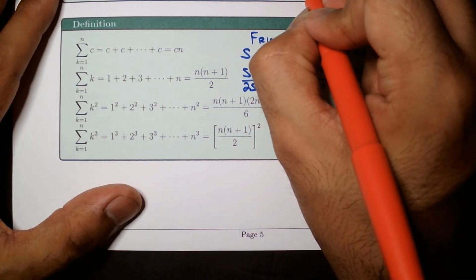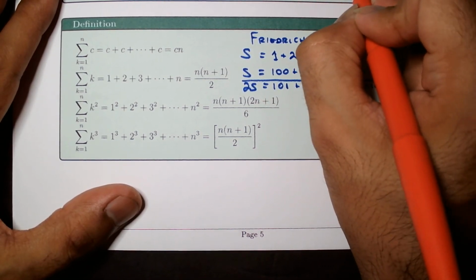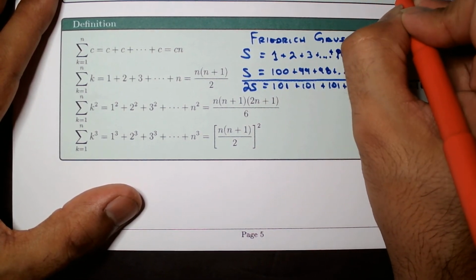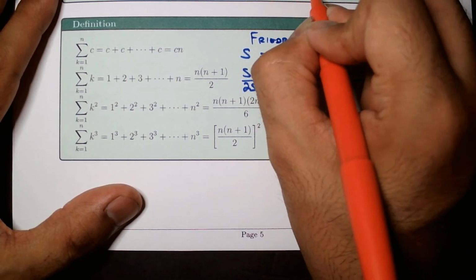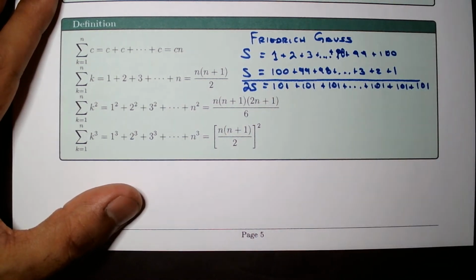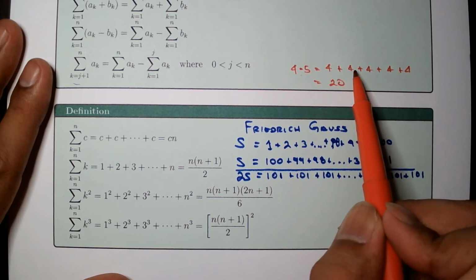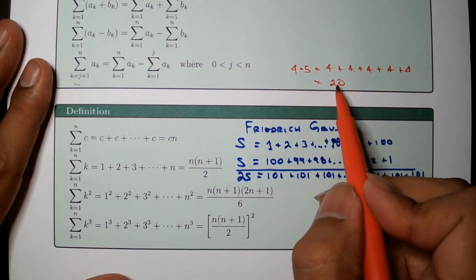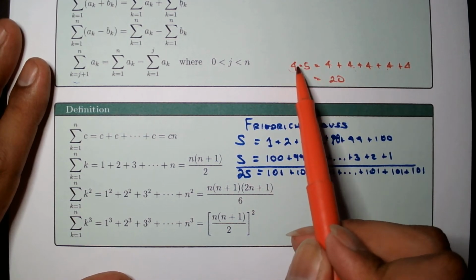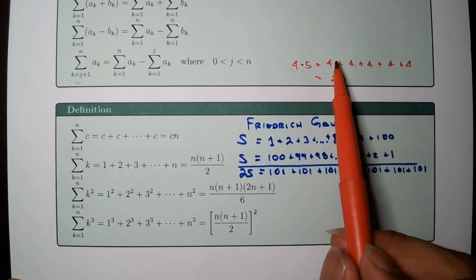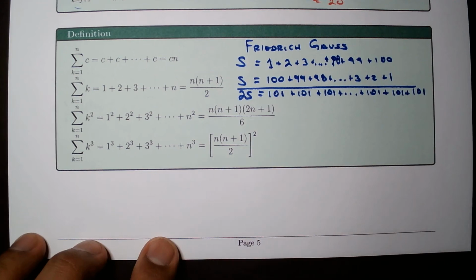For example, 4 times 5 equals 4 plus 4 plus 4 plus 4 plus 4, and that equals 20. So multiplication is, in a way, a shortcut to represent repeated addition. We can do the same here.